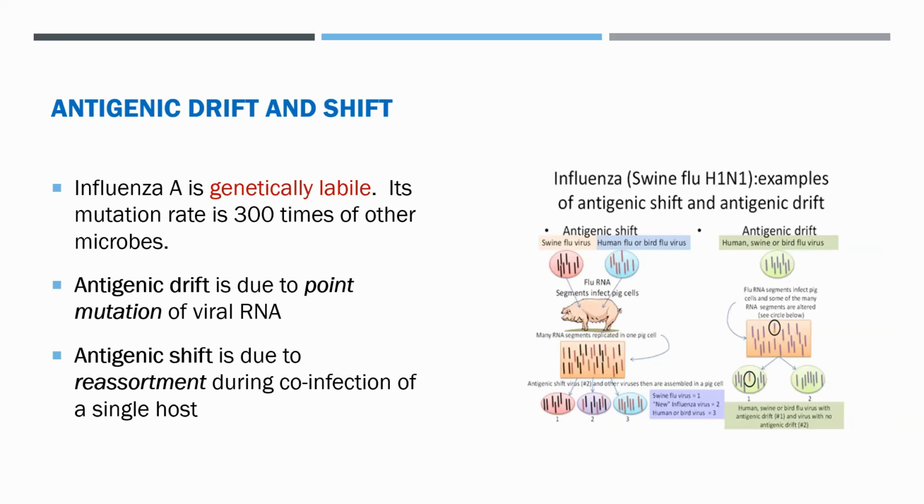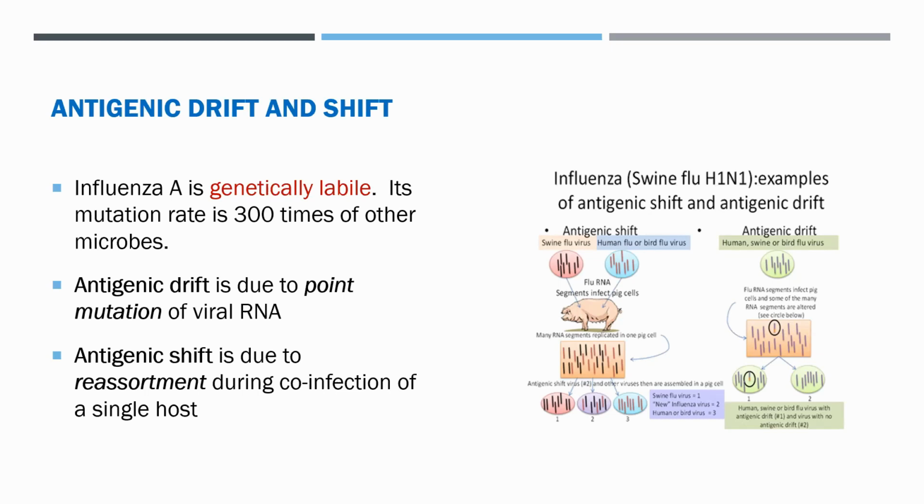So drift is just a small change, whereas shift is actually a major change. Drift usually is due to point mutation in the viral RNA. On the other hand, antigenic shift usually is due to reassortment, which often occurs during co-infection of two viruses in a single host.